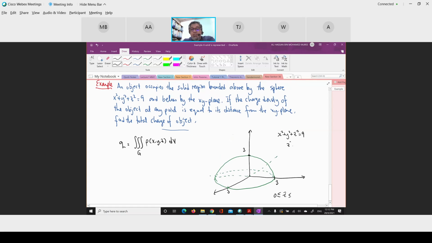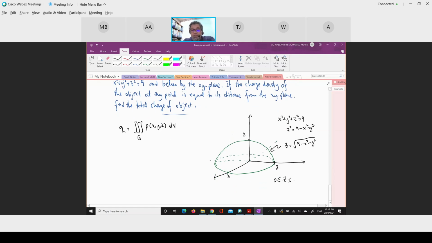So z squared equals 9 minus x squared minus y squared. The top hemisphere must be a positive square root. The bottom hemisphere is z equal to minus the square root. So z is bounded above by this top hemisphere.